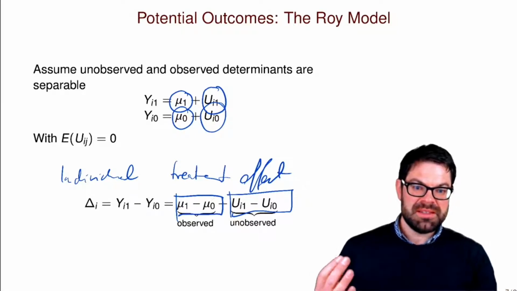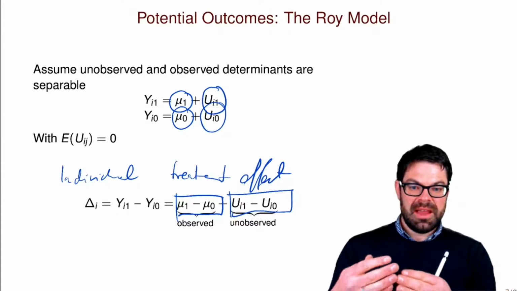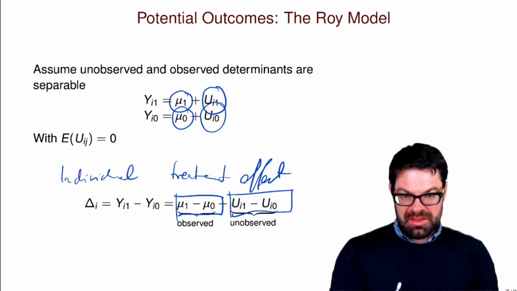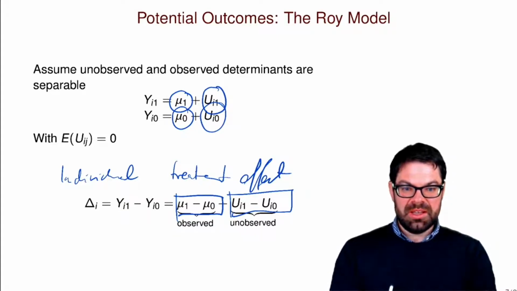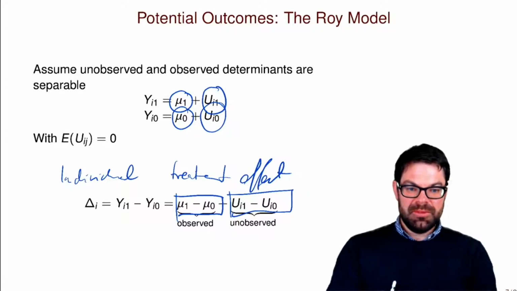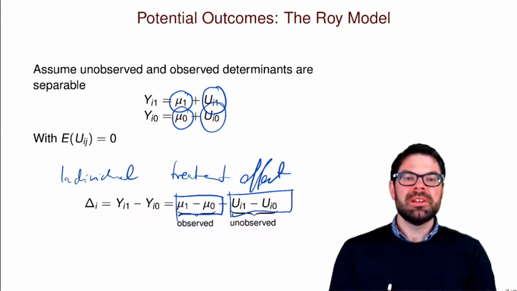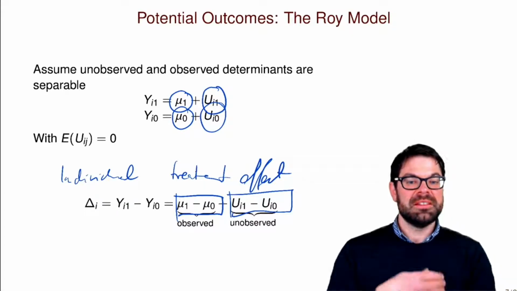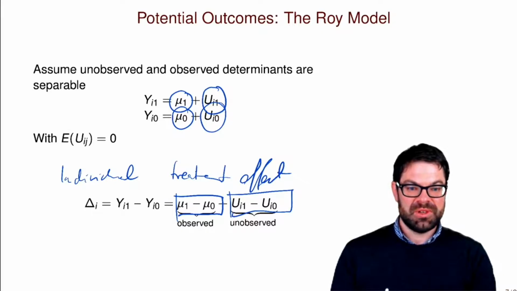And so what that means is that the likelihood of actually choosing to get treated may differ between people or units. Why? Because the benefits from getting the treatment differ across units.